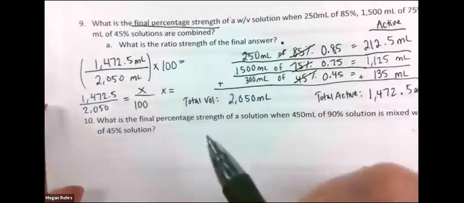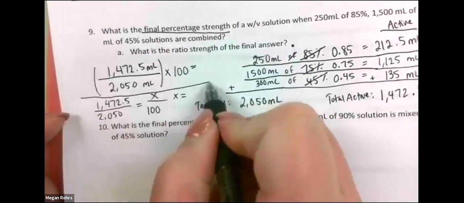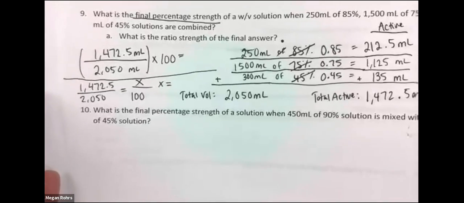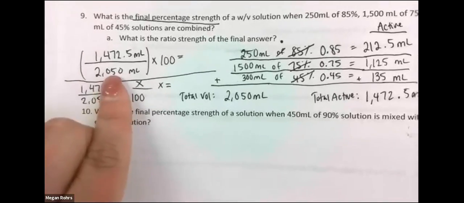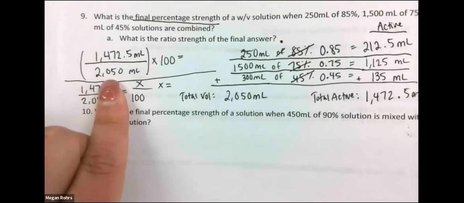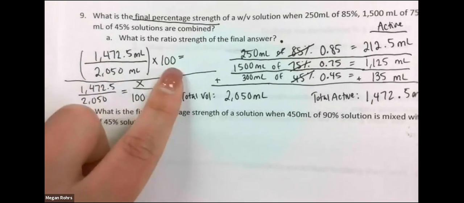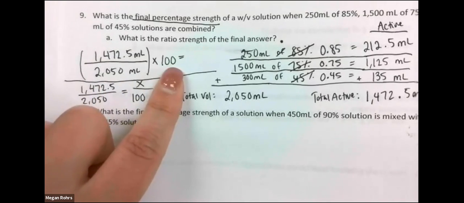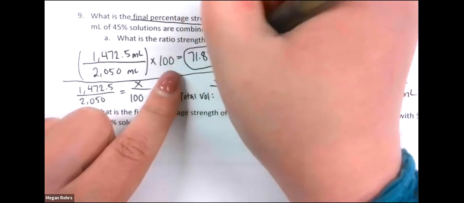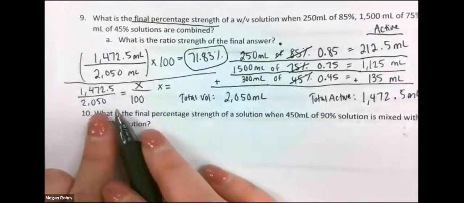Both of these equations will give you the same answer. So we'll do this one. Divide 1,472.5 by 2,050. That gives you a decimal. Then just take that times 100, gives you 71.83%.